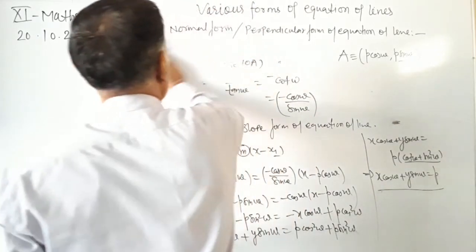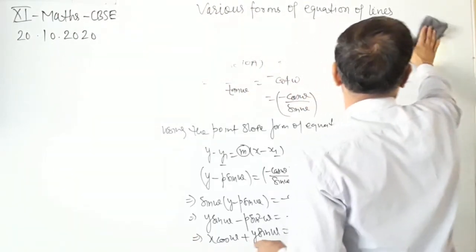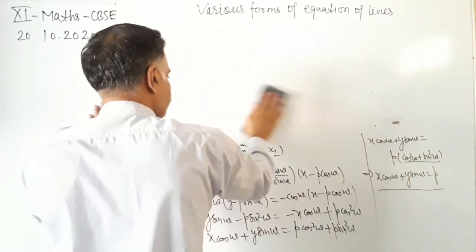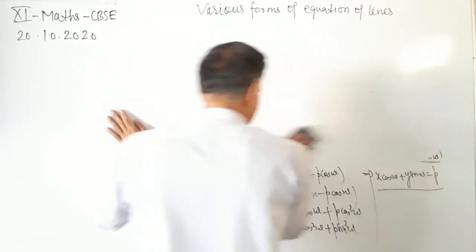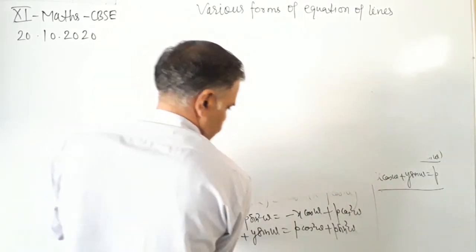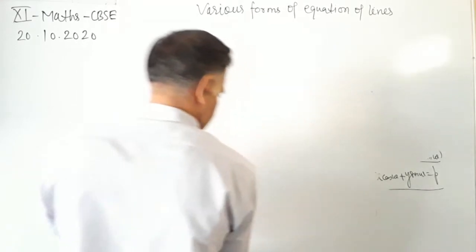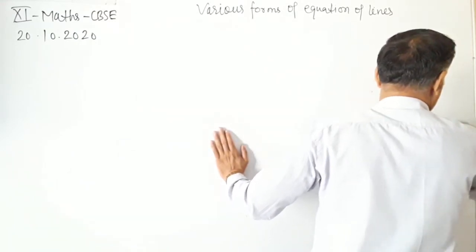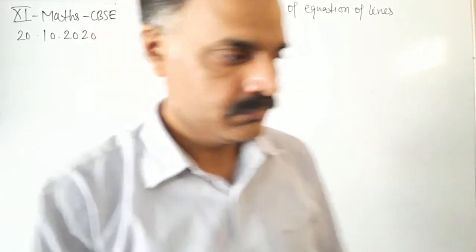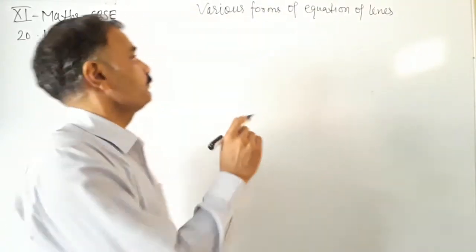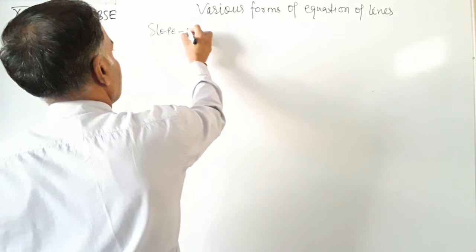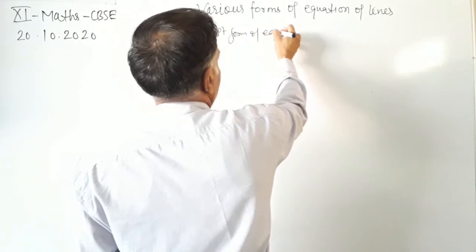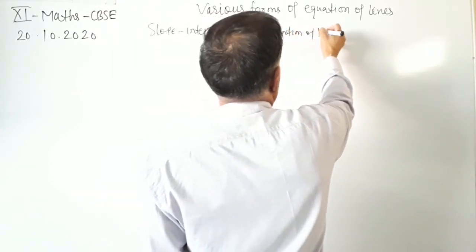Okay, so write down the slope intercept form of the equation of line.